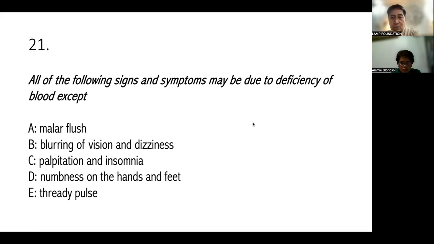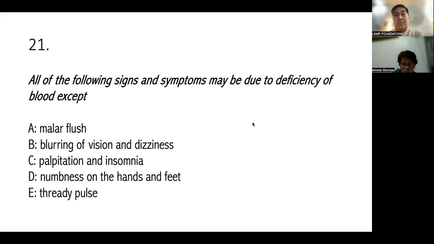Yung diameter. Opo. Pero po, diba sa Western medicine... Yeah, because there is little blood flowing through. There is less blood. Okay, clear na po, it's the result. It's the result. Okay? Thready, kokonti lang. Thank you, Doc.